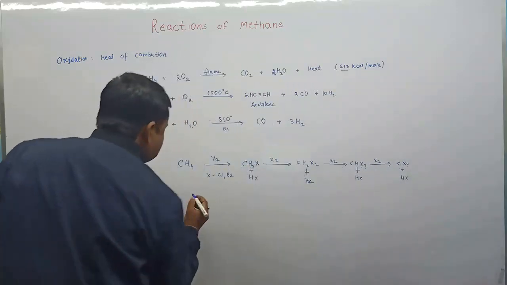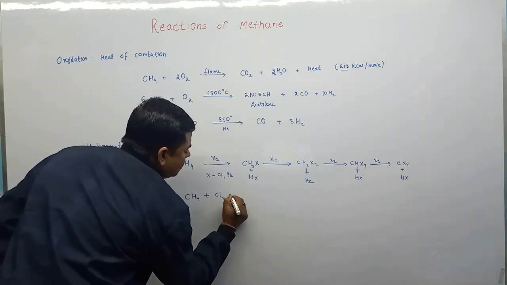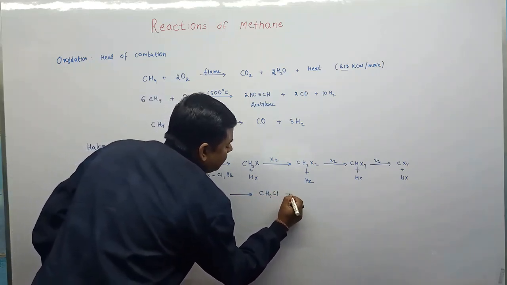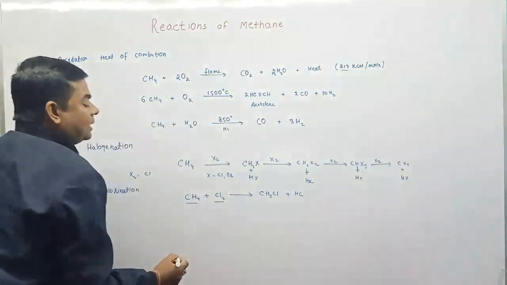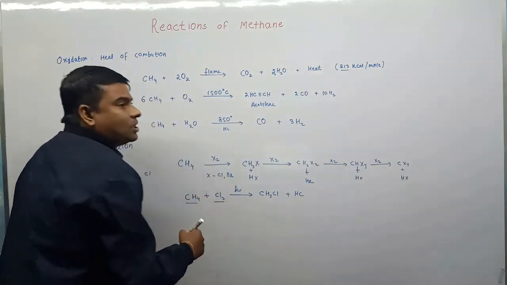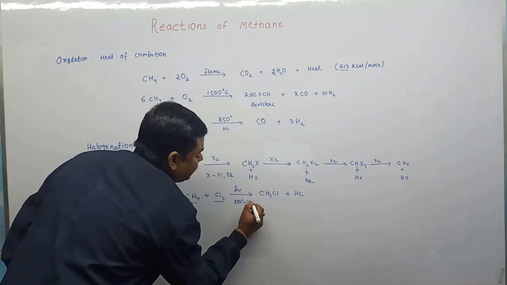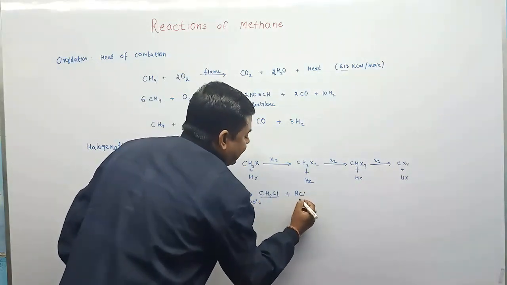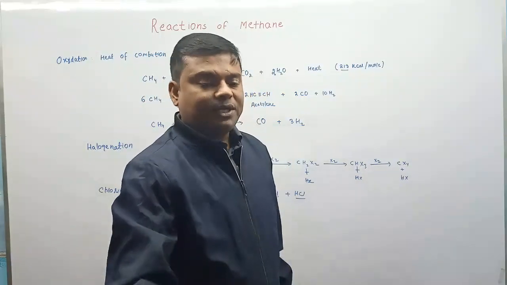See here, CH4 plus Cl2 gives CH3Cl plus HCl. So this is methane, this is chlorine, in the presence of ultraviolet light or a temperature range of 250 to 400 degrees Celsius, we get a mixture of products CH3Cl and HCl, that is hydrogen chloride. This type of reaction is a substitution reaction.